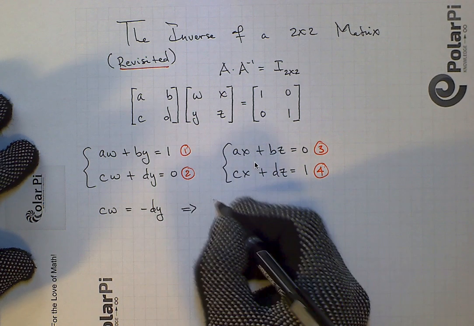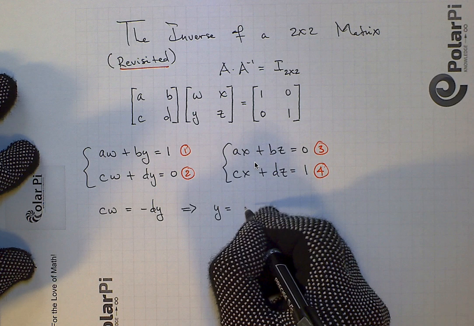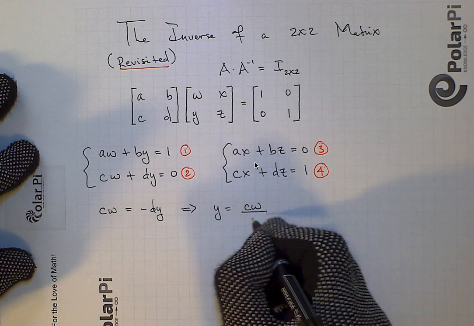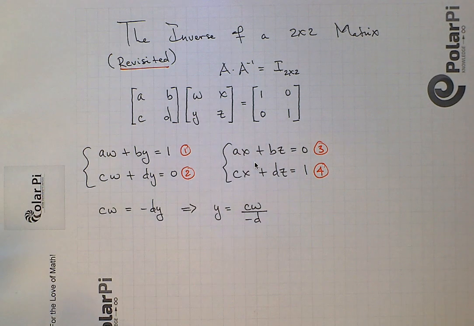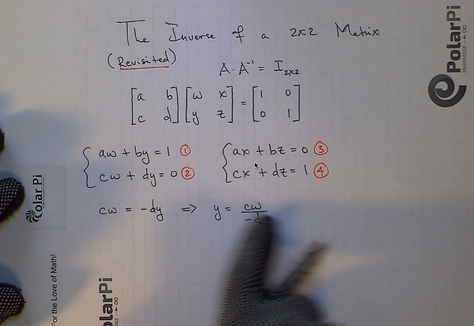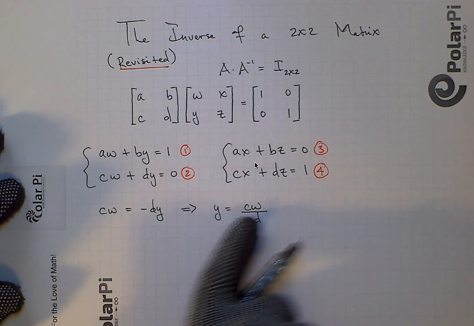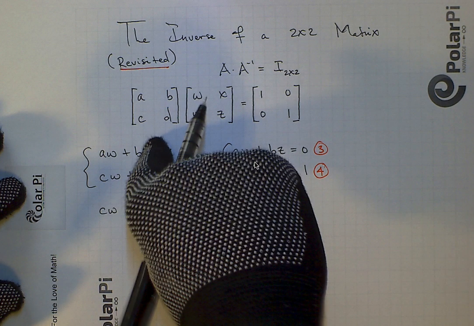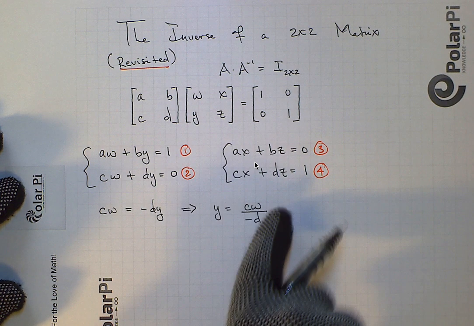And from that, we can say that Y is equal to CW divided by negative D. Then I'm going to take this equivalent form for Y and replace Y in the first equation with CW divided by negative D.